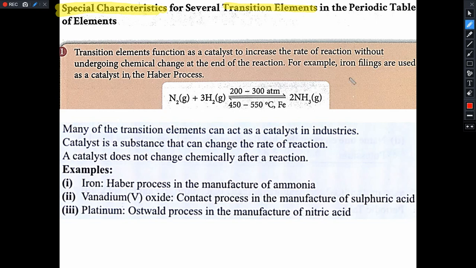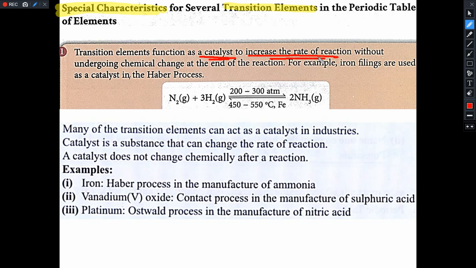The first special characteristic of transition elements is that they can function as catalysts to increase the rate of reaction. In chemistry, we use the term catalyst. A catalyst is a substance that can speed up the rate of reaction.